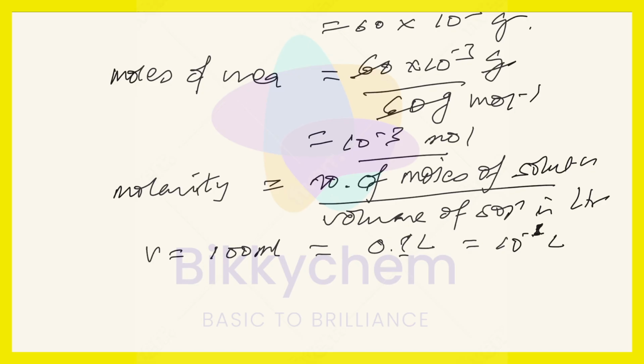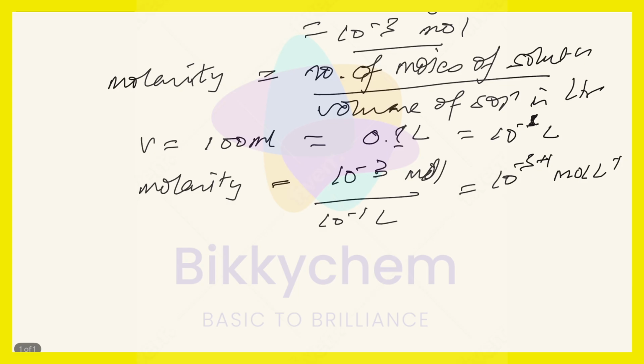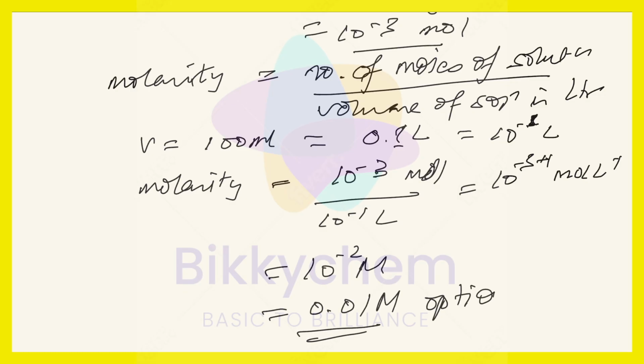We can write like this also. So molarity will be 10 to the power minus 3 mole divided by 10 to the power minus 1 liter, minus 3 plus 1 mole per liter. So it will be 10 to the power minus 2 M, which means 0.01 M. So option B is the right answer.